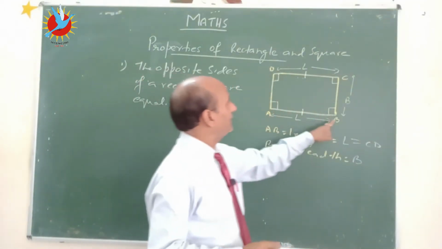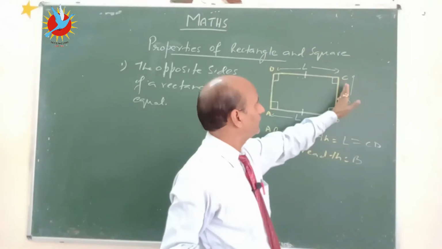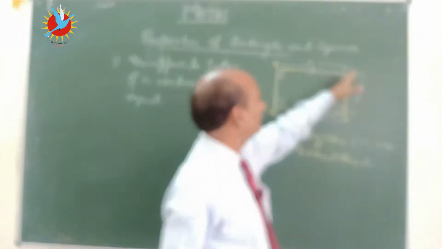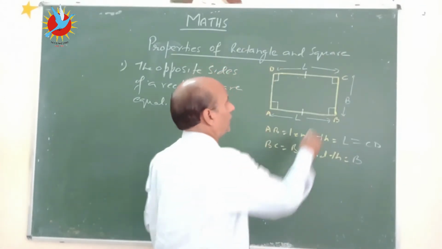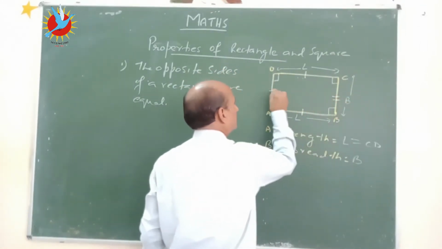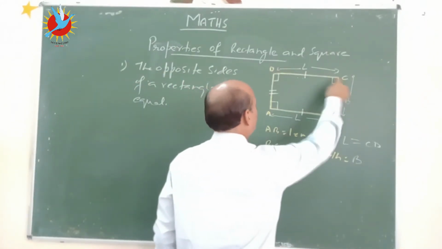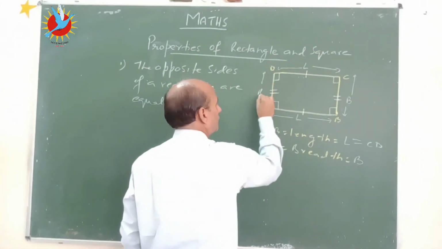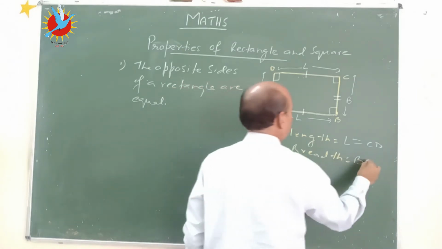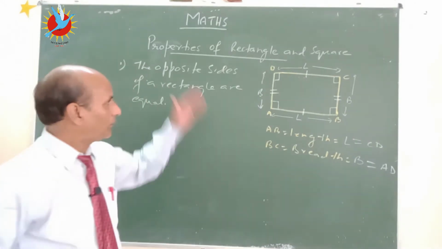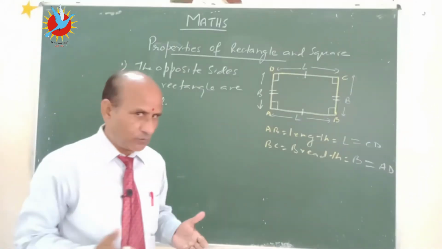And the second side is BC and its opposite side is AD. So BC is equal to AD also. These two opposite sides are also equal. I have taken this as B, so this is also B. So opposite sides of the rectangle are equal.